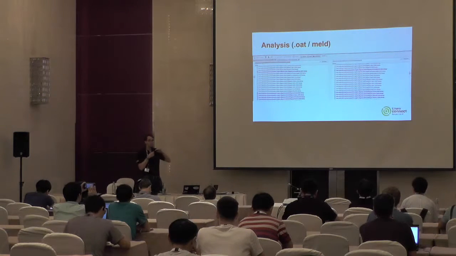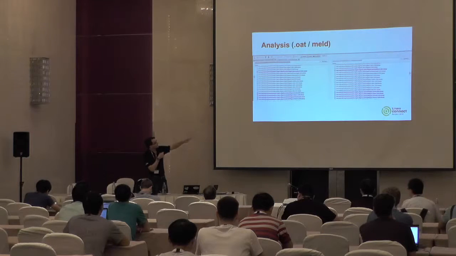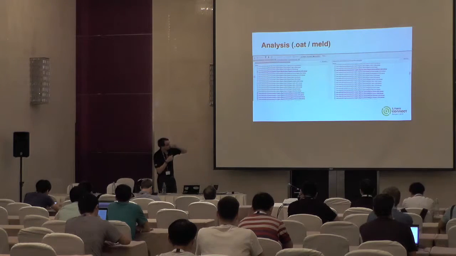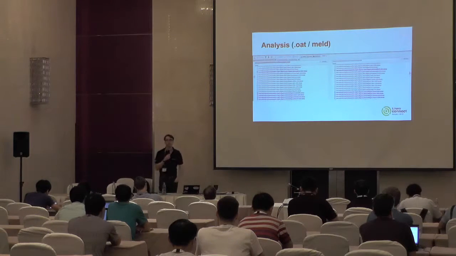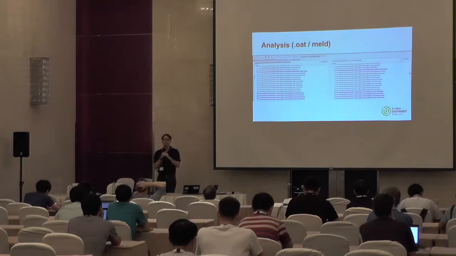I know that there are a lot of bit field rotation patterns in Bouncy Castle code, and that's really what I was hoping to optimize. So all of the methods in blue have changed, and then I can use meld to go into each one and look. And what's great about this is, on the right, I'm going to see highlighted in blue where there are changes. So I can quickly scan through the whole of boot.oat and see if actually my patch has impacted code elsewhere that I didn't expect, and go and look at exactly what changed.